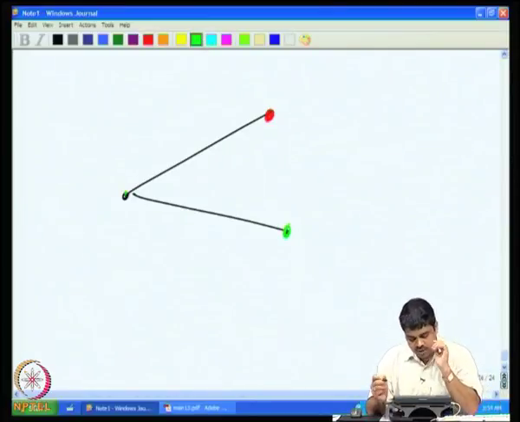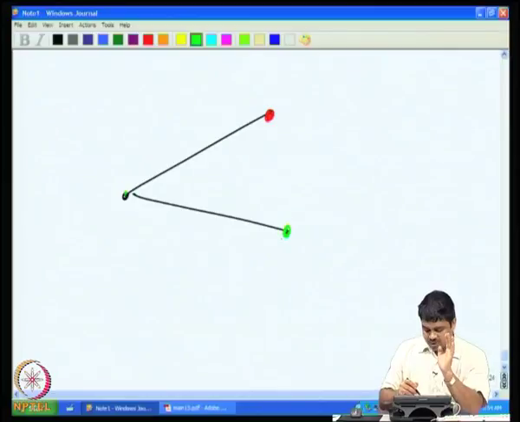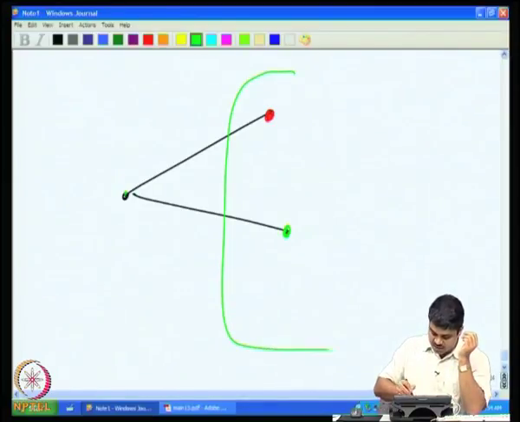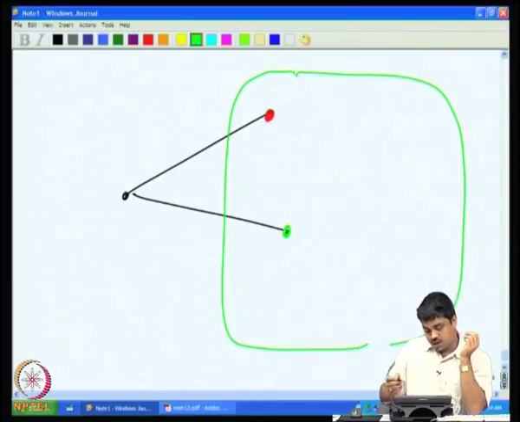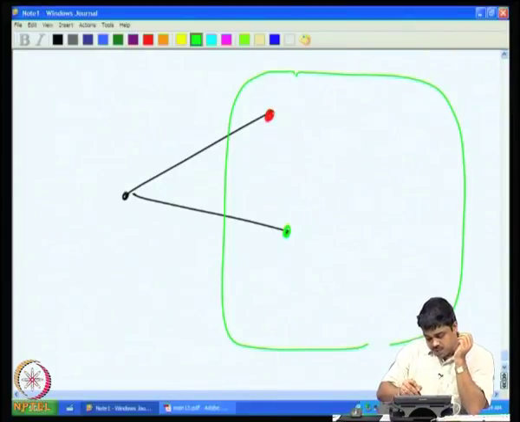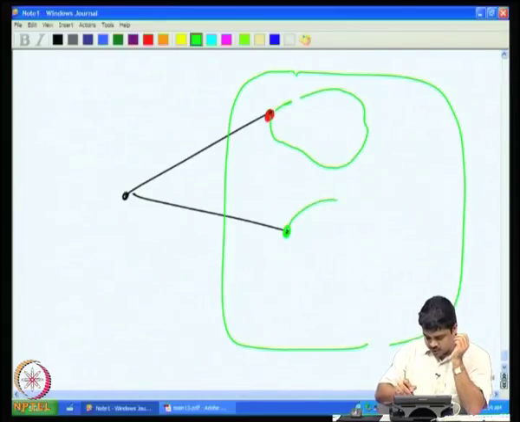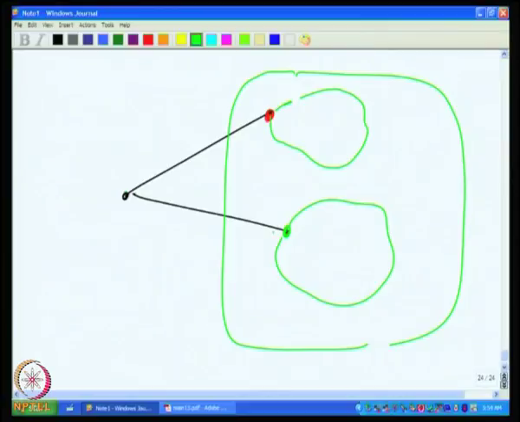Now I am only interested in the green and red colored vertices of the remaining graph, because by induction we could color this remaining graph. There will be a connected component of green and red which involves this, and a connected component of green and red which involves here.